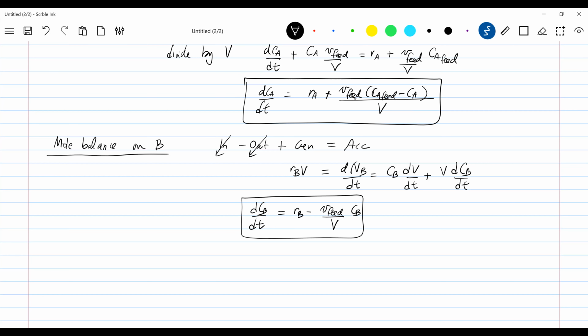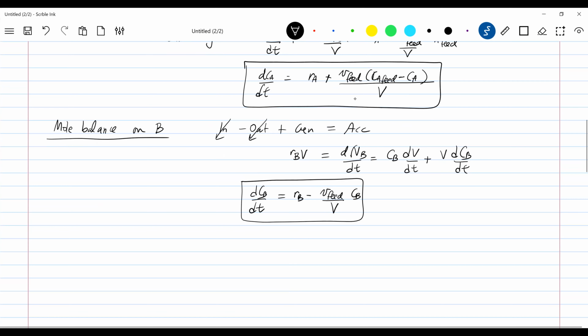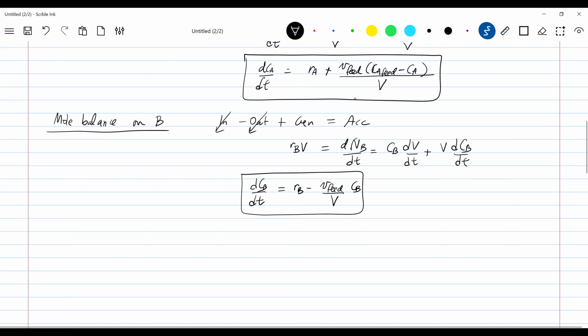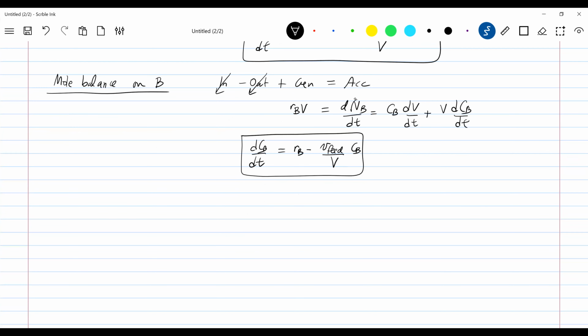If you do the mole balance on D or E, it's going to look the same as B because they're not being fed or removed. So on D, it's going to look that way, and on E, it's also going to look the same.